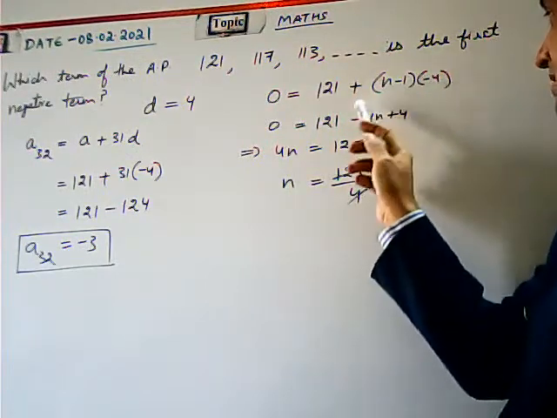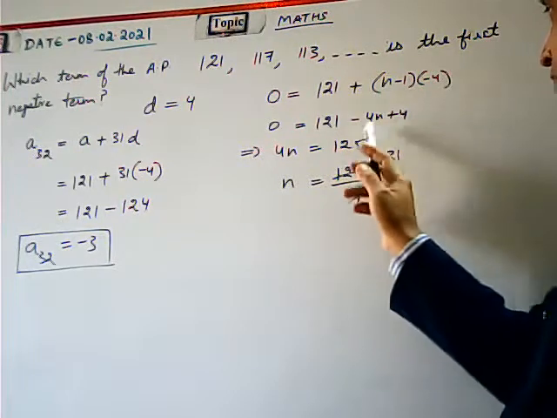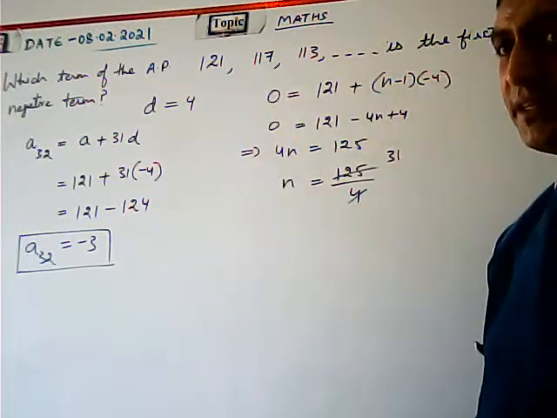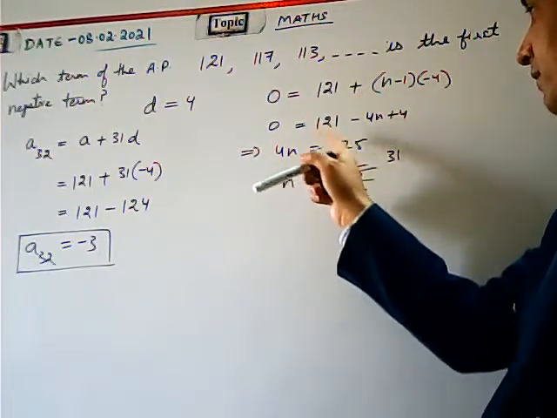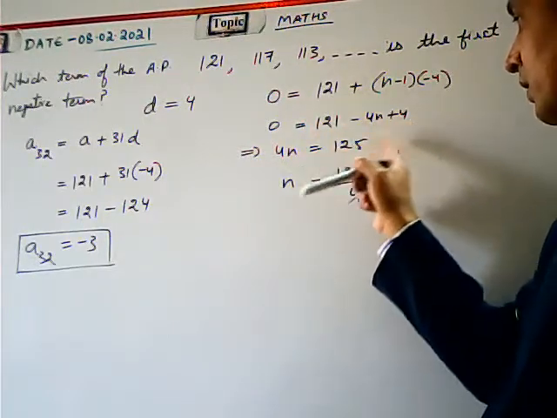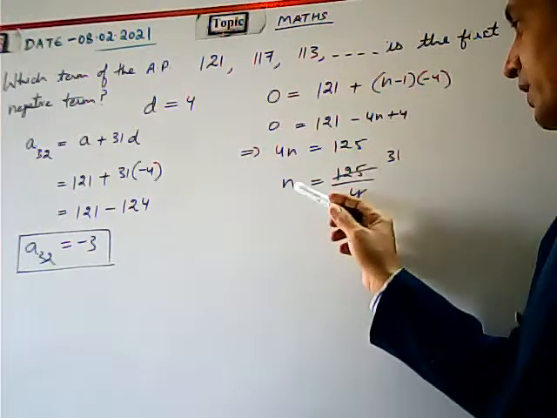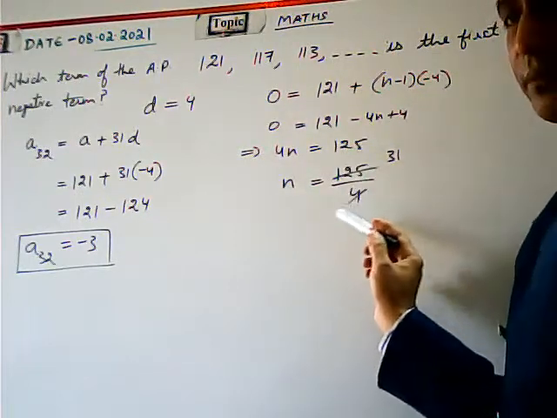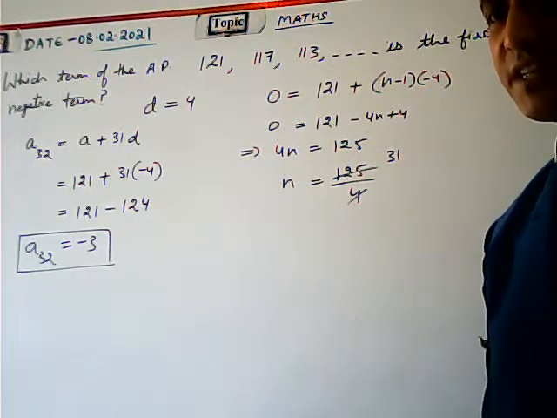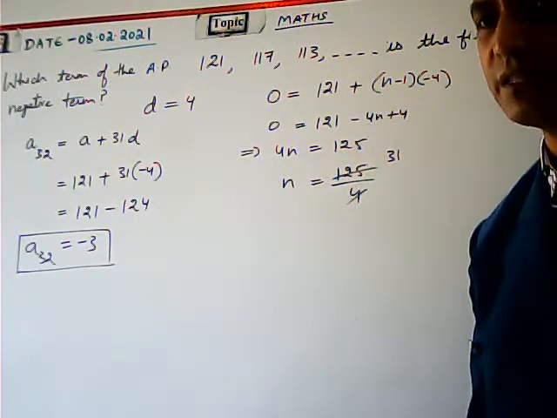So here it is minus 4n plus 4. Interchanging the sides, 4n is equal to 125, 121 plus 4, that is 125. 125 is not coming in the table of 4, so we will say 0 is not a term of this AP.